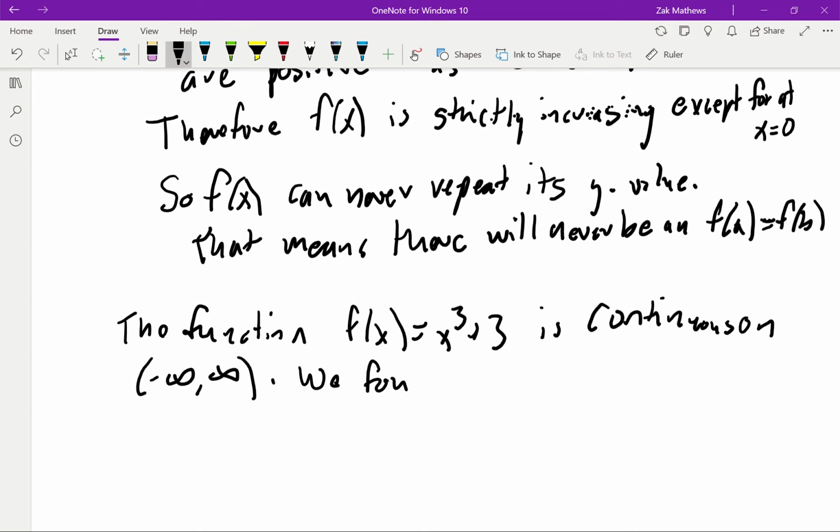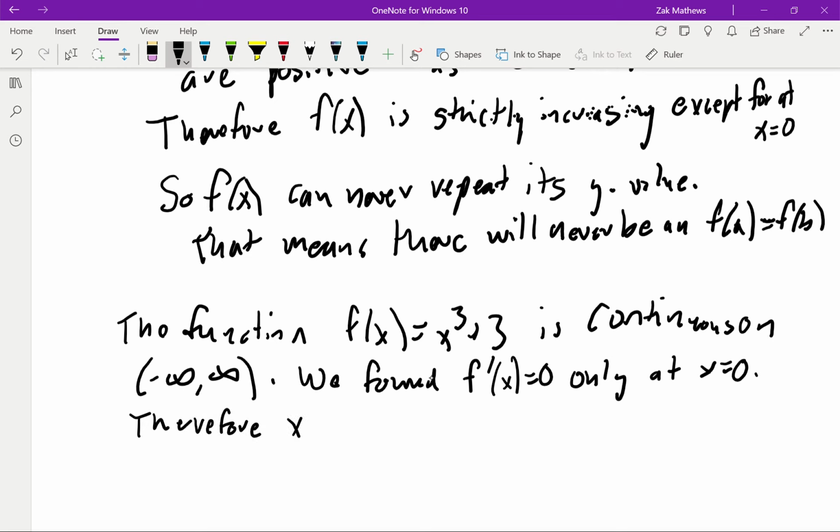We found f prime of x is equal to 0 only at x equals 0. Therefore, x equals 0 is the only possible extrema on the interior of the function.